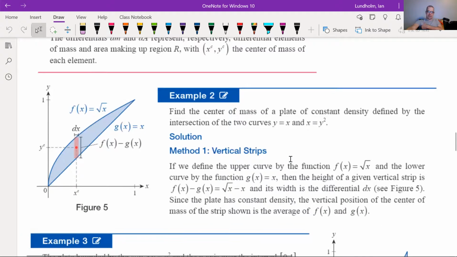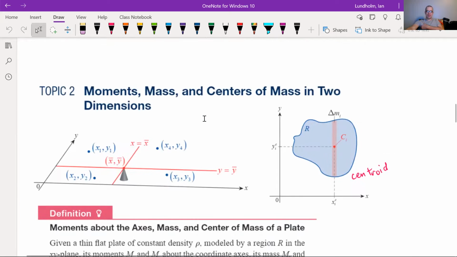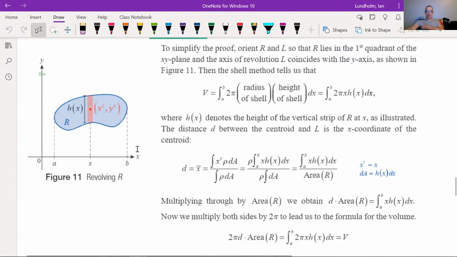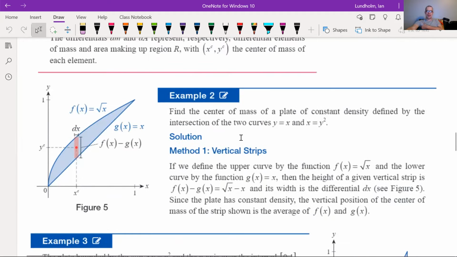So in this chapter, there is an example number 2. I'm not going to do it. The idea for this, did I actually? I copied it for the Theorem of Pappus. Anyways, in order to do a problem like this, you would need to calculate the center of mass in the x direction and then the center of mass in the y direction.